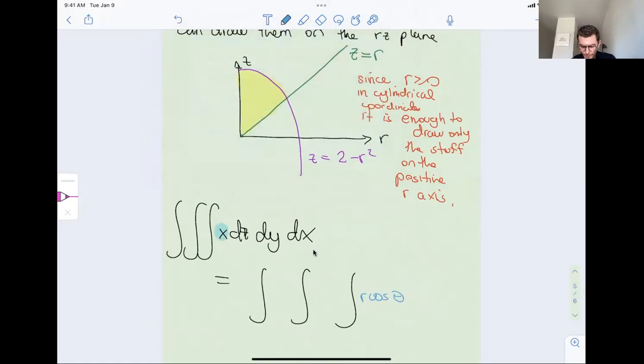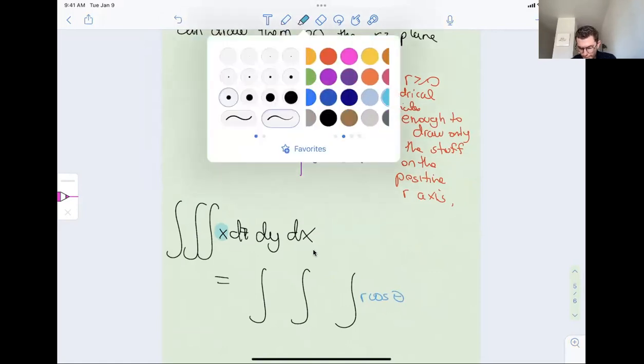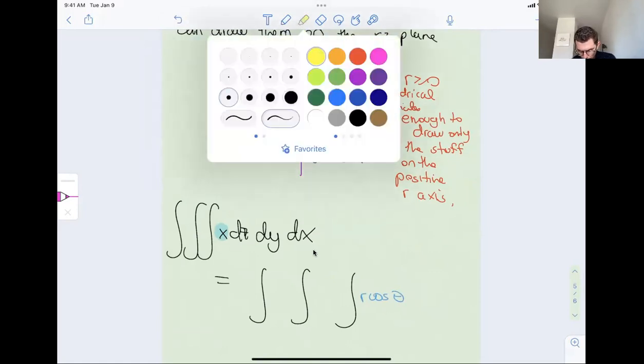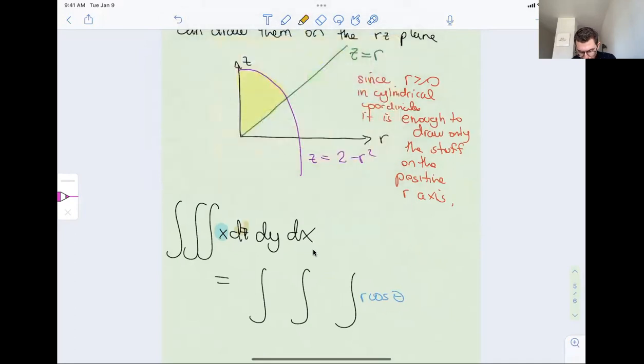And remember that dz dy dx is the volume element dV, but dV in cylindrical coordinates is r dz dr d theta.